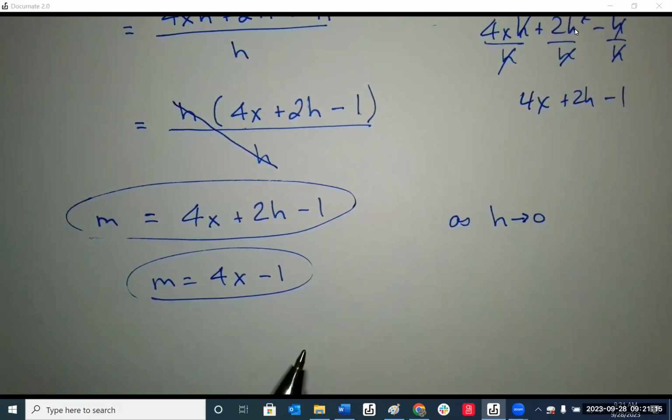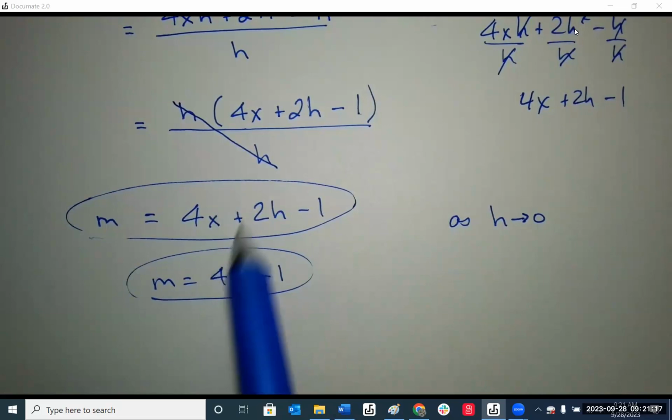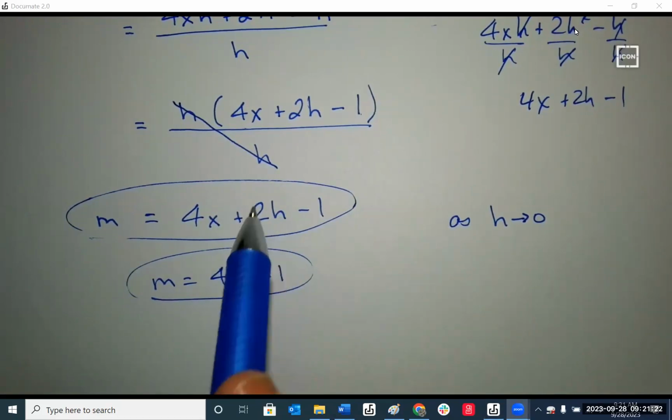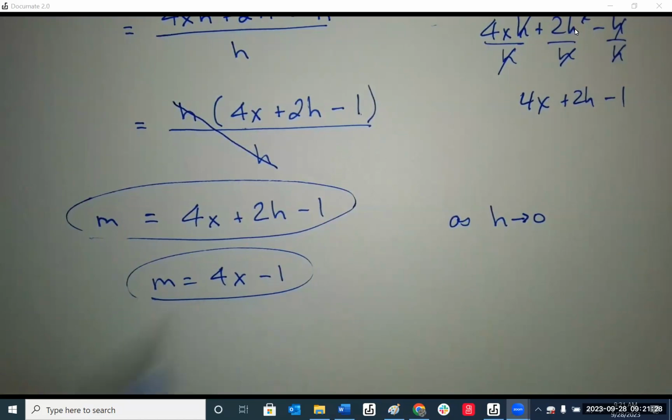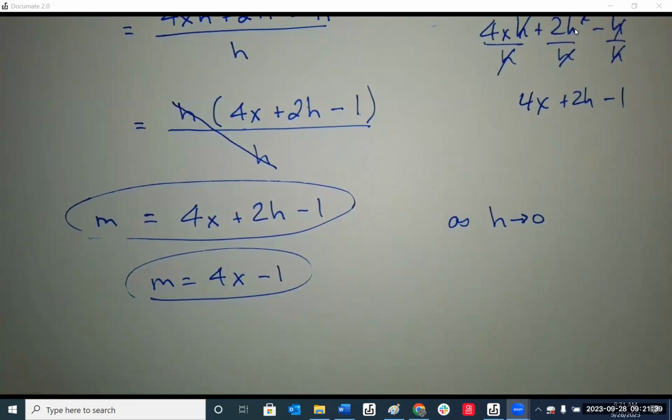I don't know what your textbook uses as an answer. They're both right answers. But if they want you to keep the h's in, this is it. But if they want you to take it to 0, in other words, cancel all the h's out, this is the right one. So I would use this equation, plug it in: tell me what x you want, I'll tell you what the slope is at that point.